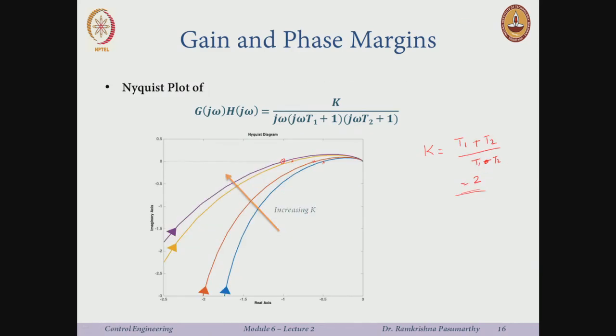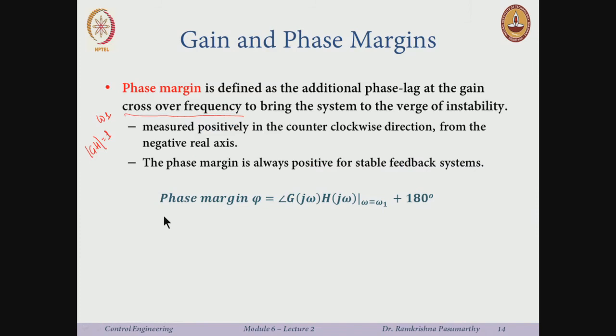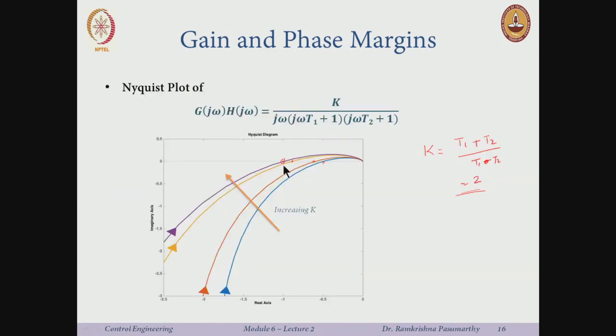What was this magnitude here? k T1 T2 over T1 plus T2. What happens when k equals 2 and T1 T2 equal to 1? This becomes 2 times 1 by 2, which is 1. So that's exactly what is happening here at k equal to 2. I can compute it analytically and also check by the plots.